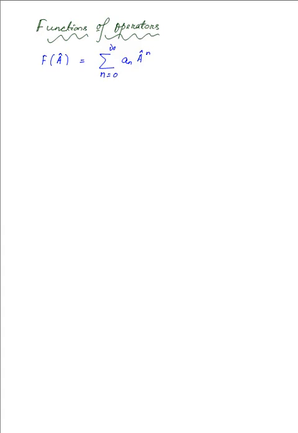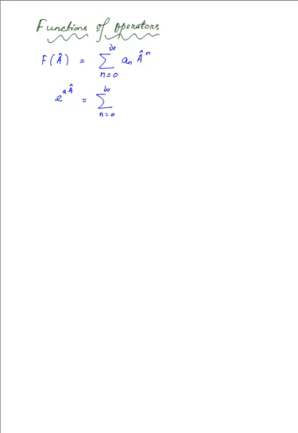Now, a_n is just the expansion coefficient. If we consider a to be a scalar, then we can expand this as follows: e raised to the power a times the operator A. This is a function of A, of course. So what we do there is simply n going from 0 to infinity.